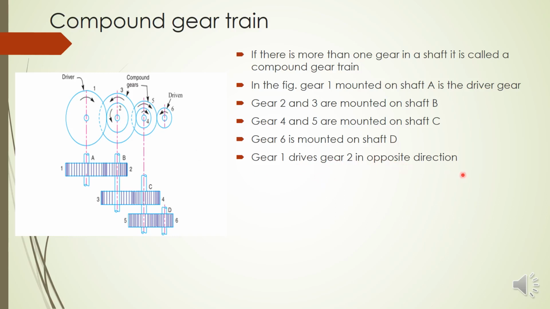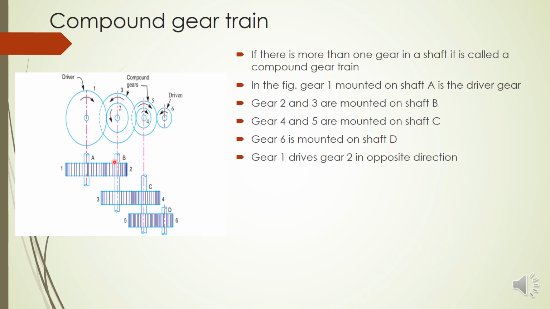So gear 1 drives gear 2 in the opposite direction. So when gear 2 rotates, this shaft B will also rotate. So simultaneously gear 3, which is on shaft B, will also rotate. So you must remember this: one shaft will have only one speed. So whenever there is more than one gear on one shaft, they will rotate in the same direction with the same speed.